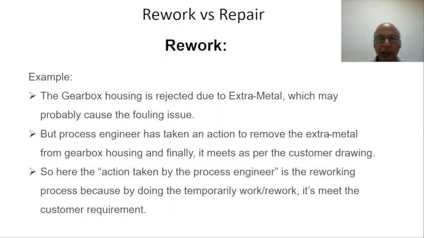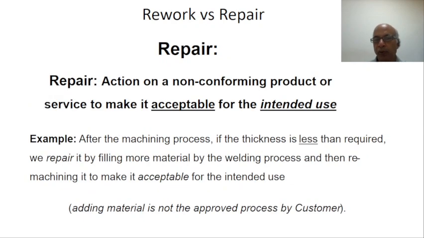This action taken by the process engineer is the rework process, because by doing the rework, it meets the customer requirement and the product looks as new. You will not find any difference in a product which is as per customer requirement.